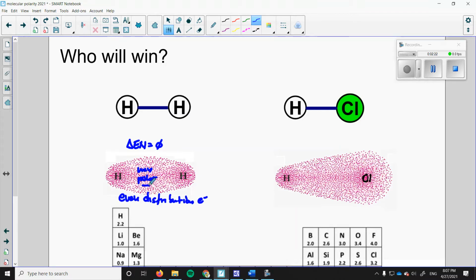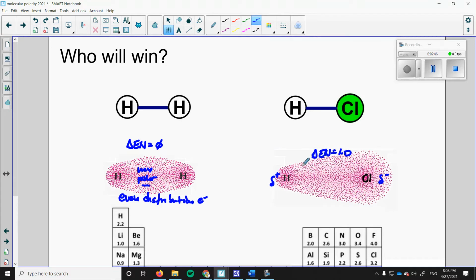When you look at hydrogen chloride, though, remember the difference in electronegativity was 1.0. What that means is the greater electronegativity element, that's chlorine in this case, is going to become a little bit negative because it holds onto those bonding electrons a little bit more. And then the other side is going to be partially positive. So the hydrogen is going to be partially positive.